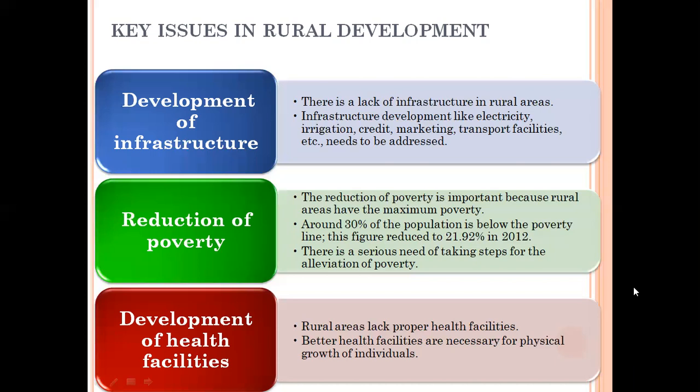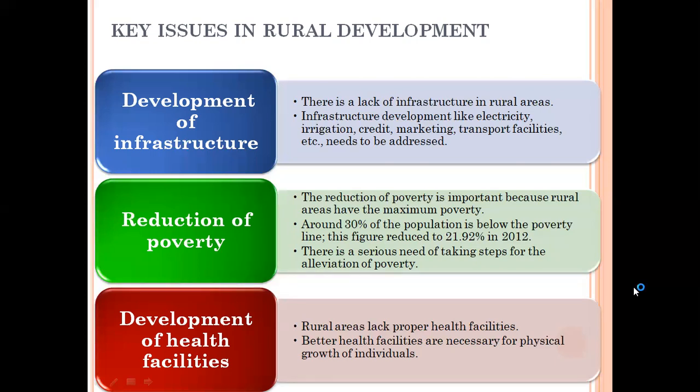So such assets would generate income, raise living standards, and make rural people self-sufficient. So reduction of poverty should be a task for rural development, because poverty is the mother of all other evils.